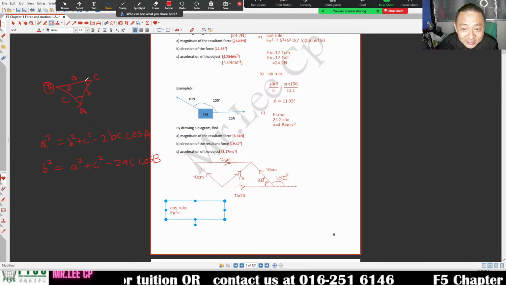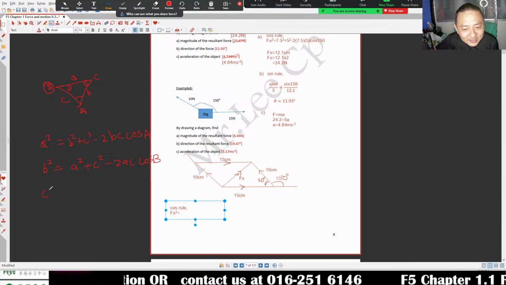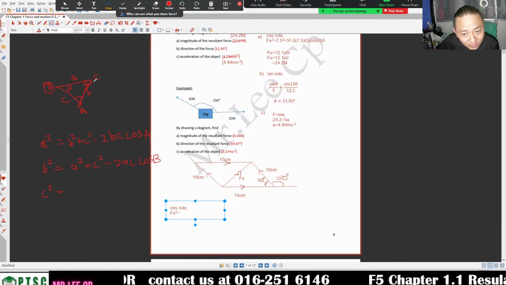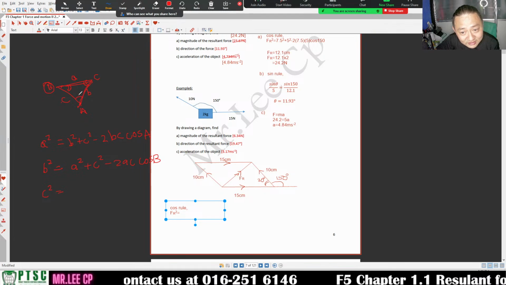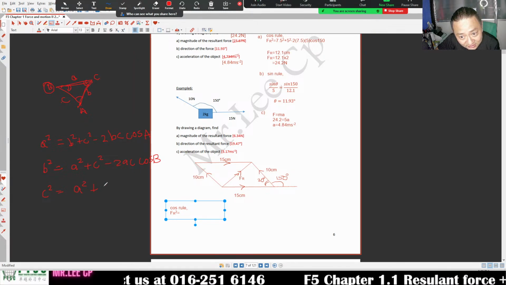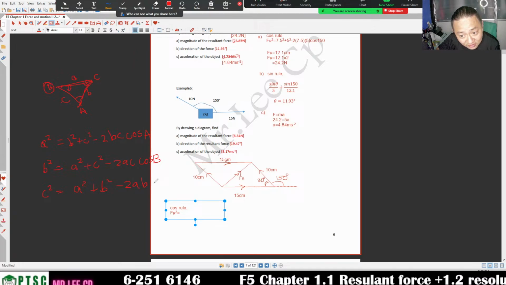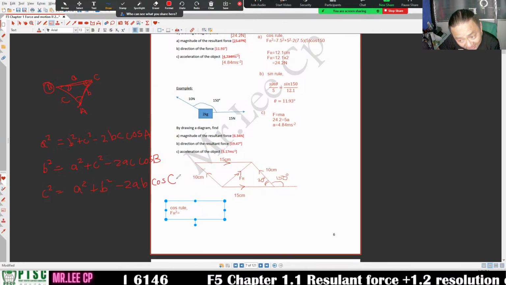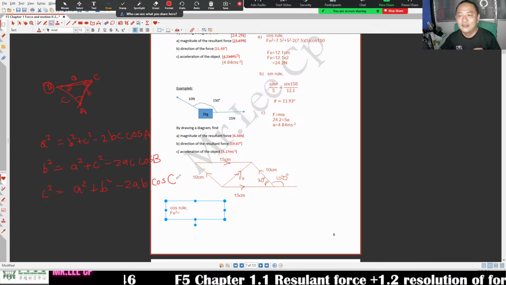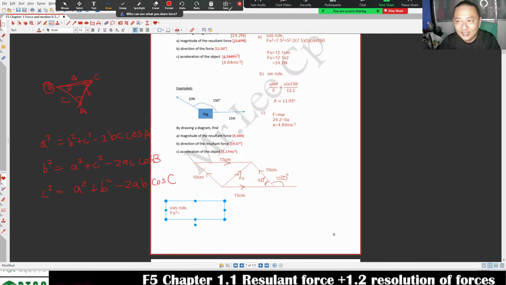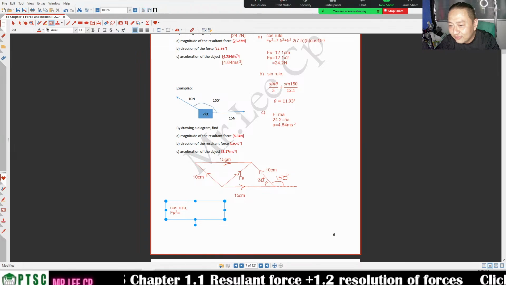If you want C, opposite square C is equal to side square plus side square: A square plus B square minus 2AB cos C. I hope you get it.